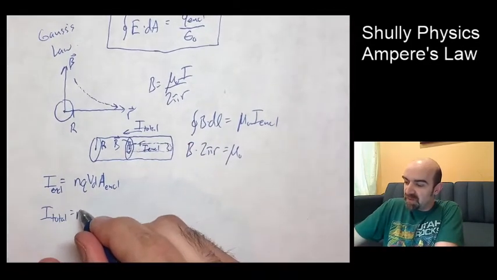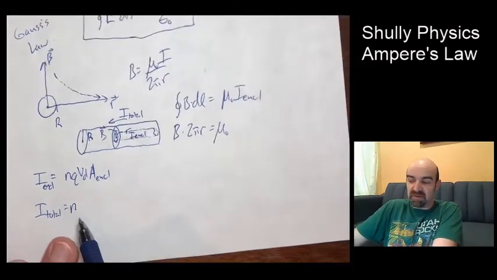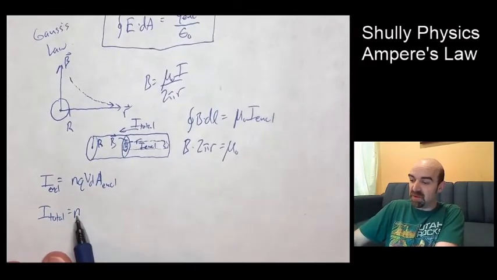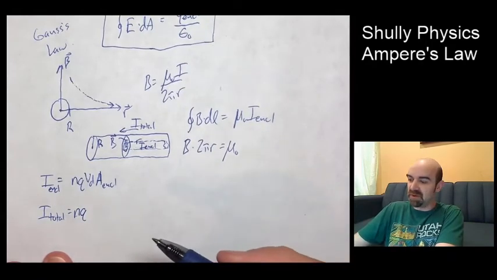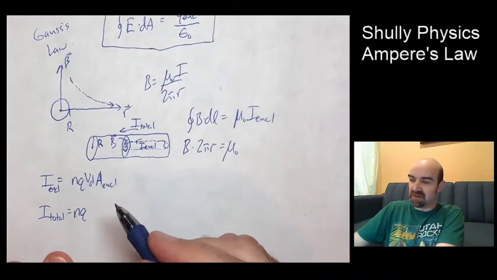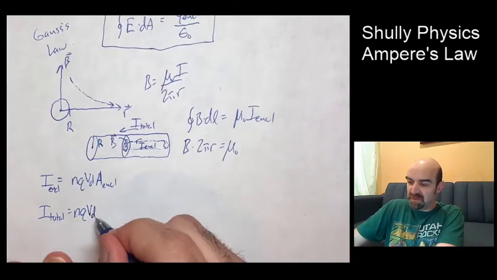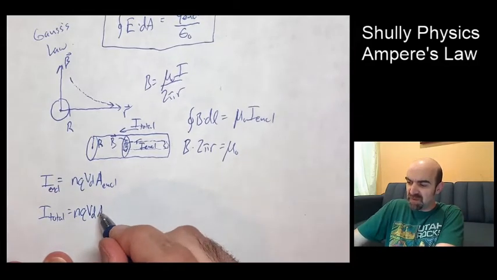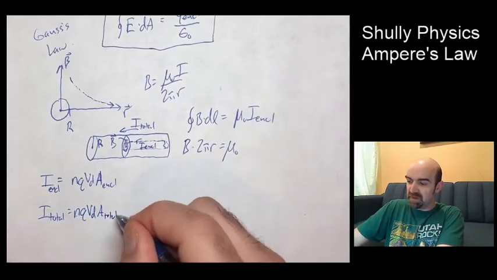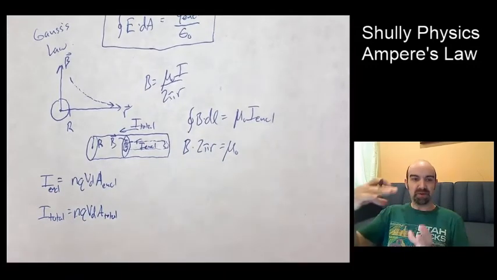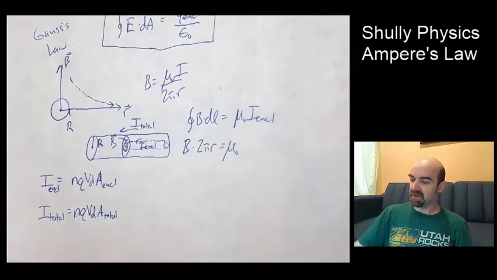So we'd still have, this n is still a ratio. It's the number of charges per unit volume. q would be the elementary charge of electrons. The drift velocity should be the same. But the only thing that's different is this A. This would be the total area of that larger slice compared to the smaller.